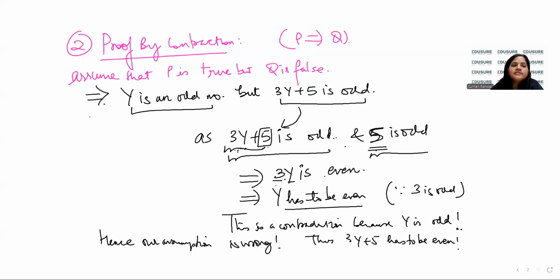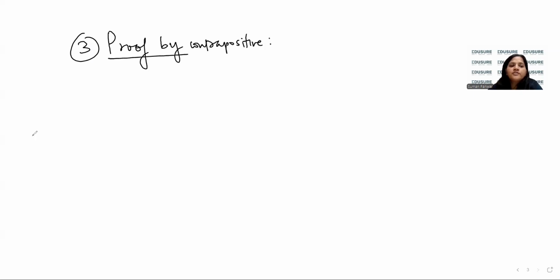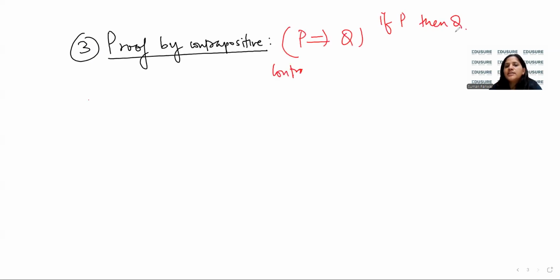Now the third is proof by contrapositive. Now, what do you mean by contrapositive? So for example, P implies Q. That means if P, then Q. So what is the contrapositive of this statement?